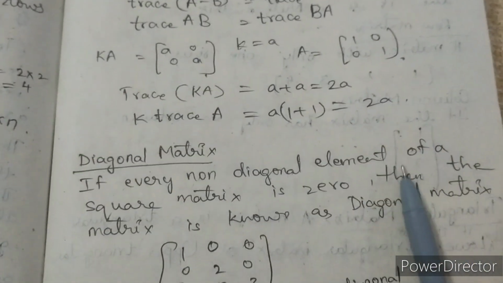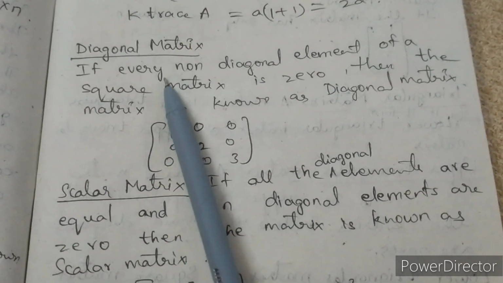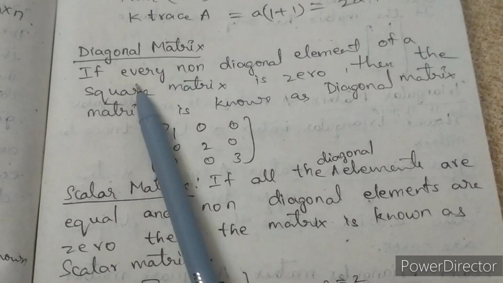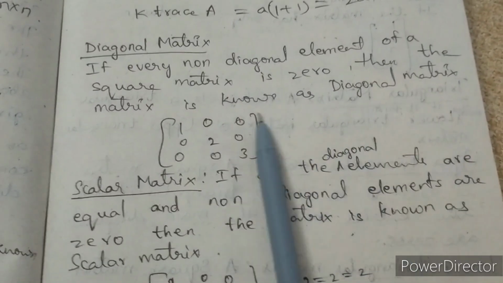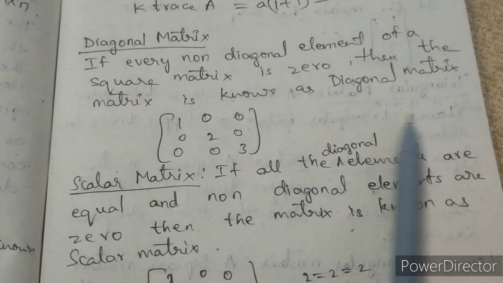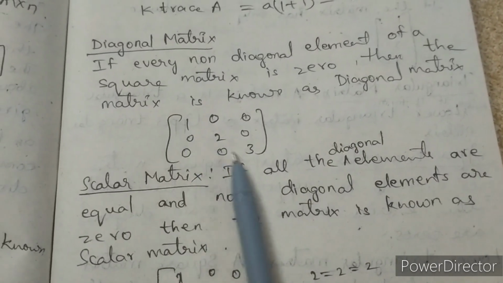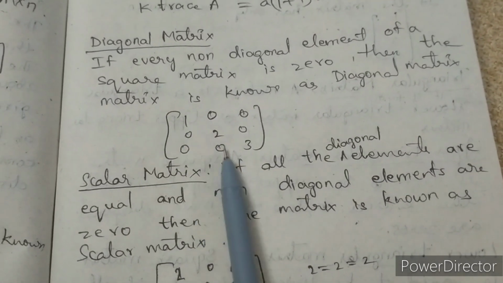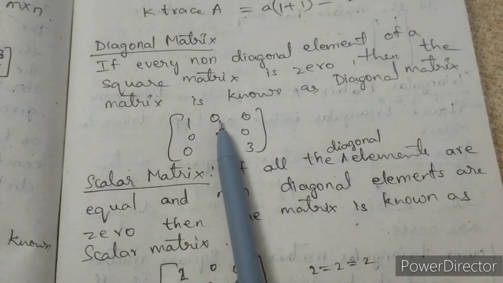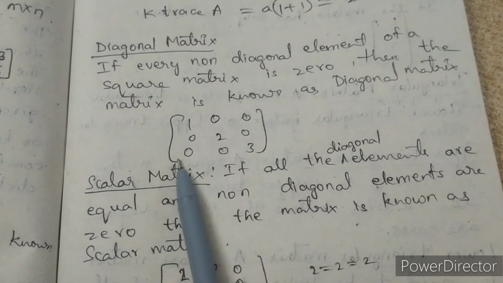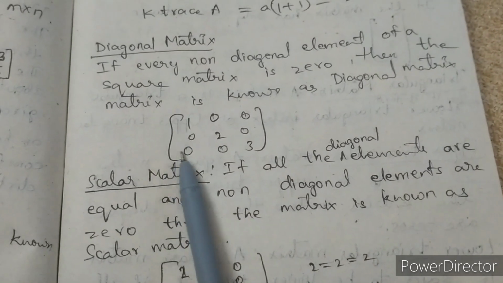Now we'll be seeing the diagonal matrix. Diagonal matrix: if every non-diagonal element of a square matrix is 0, then the matrix is known as a diagonal matrix. Non-diagonal element means here 1 2 3 are the elements of the diagonal, and apart from these 3 elements, all other elements, that is the 3 zeros on the top and the 3 zeros on the bottom, should be 0.